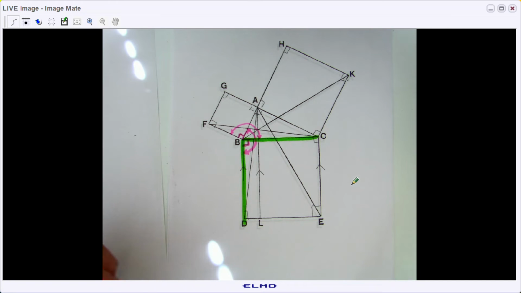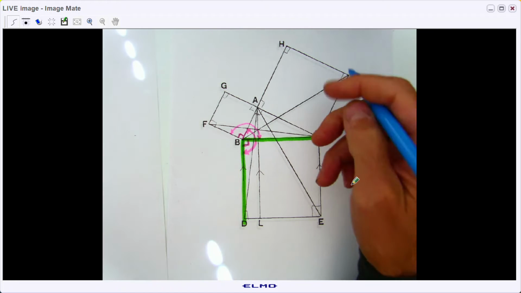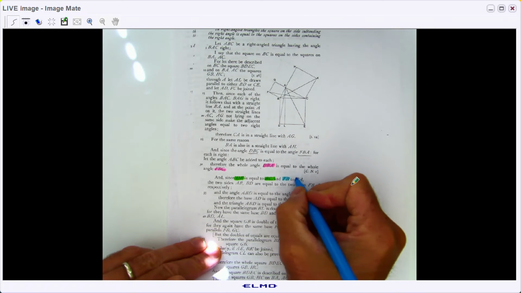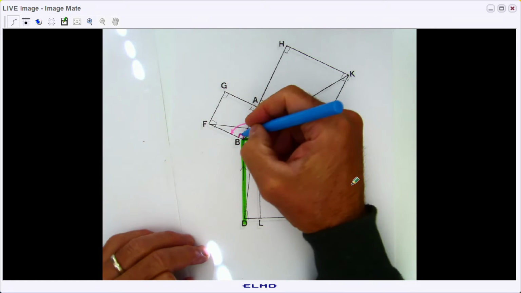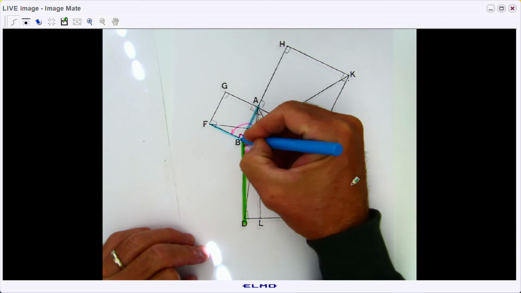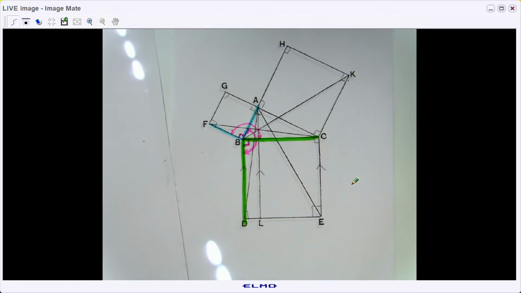And let's get a different color here. FB is equal to, yeah, he says FB is equal to BA. Okay.